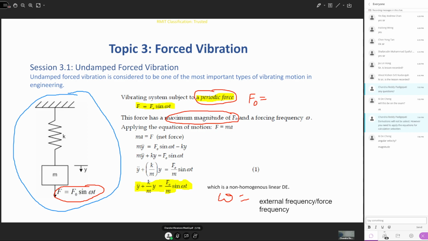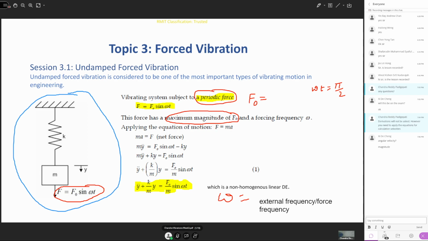So when omega t is equal to 90 degrees, pi by 2, sine 90 is 1, right? So when omega t is pi by 2, the force F becomes F naught. So the amplitude of the force is F naught, and it occurs when theta is 90 degrees.